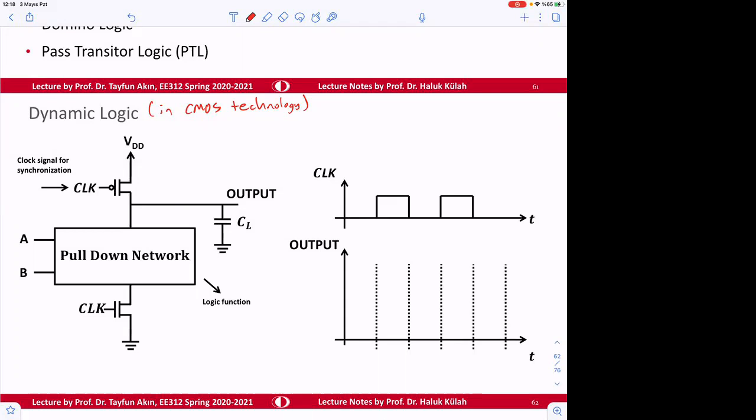Okay, so if the input is 0 here, you know, when this is 0, this is off, this one is on, or linear, and therefore when that's the 0 thing, output is going to be sitting at high.